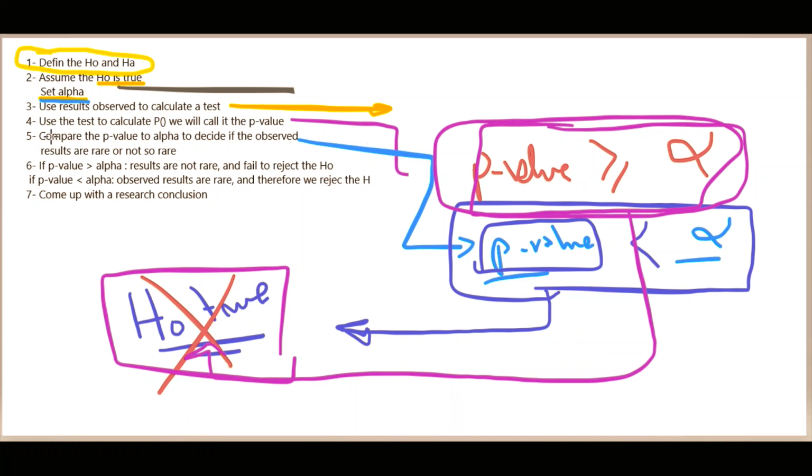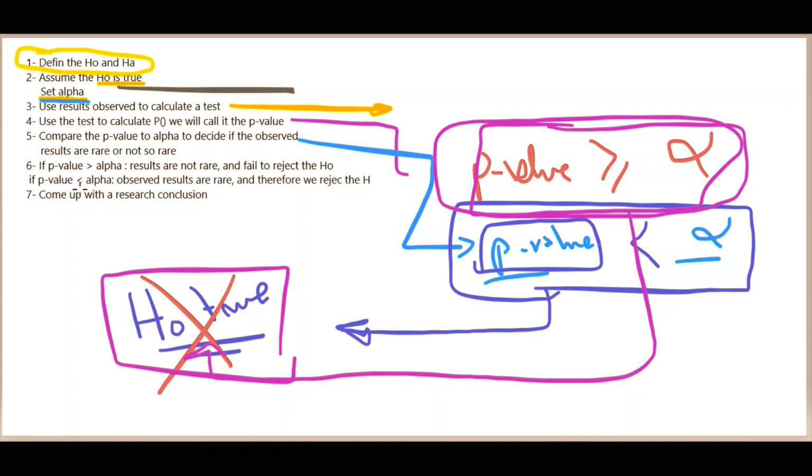If you read the steps I wrote down here: step 4, use the test to calculate the p-value. Step 5, compare the p-value to alpha to decide if the observed results are rare or not. Then step 6, if the p-value is greater than alpha, meaning the results are not rare, you cannot reject the starting point, the null hypothesis, and you accept the null hypothesis.